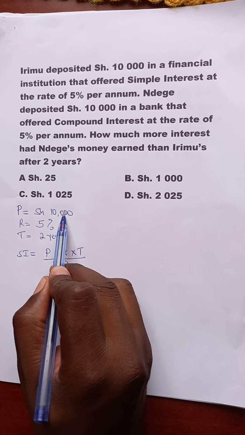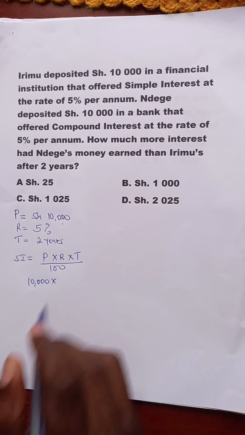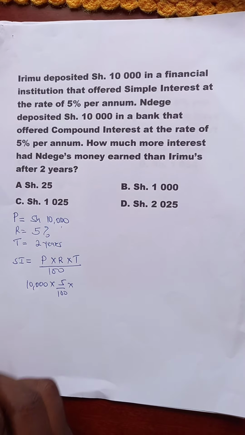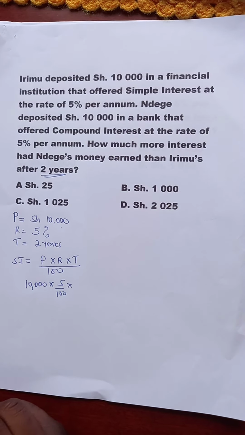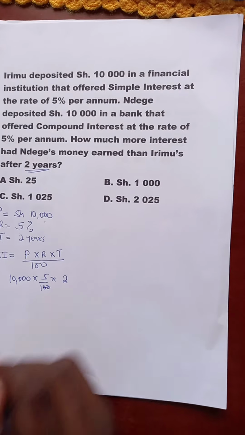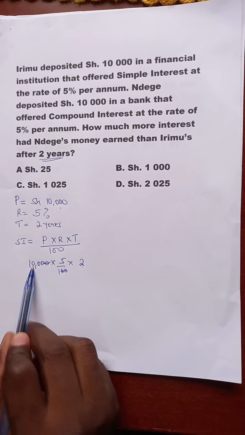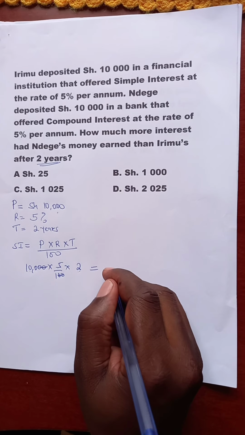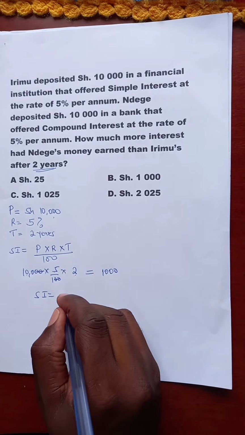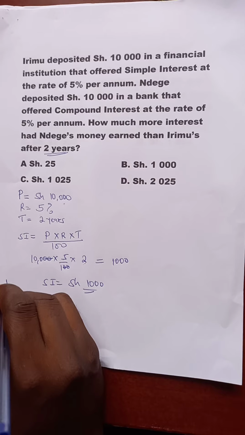So for Ilimo, principal is 10,000 times rate 5%, and the period that the money stayed in the bank was 2 years, times 2. Then you cancel where possible. The 2 zeros will cancel, the 2 zeros will cancel. 5 times 2 is 10. 10 times 100, you get 1,000. So simple interest is shillings 1,000. That is for Ilimo.